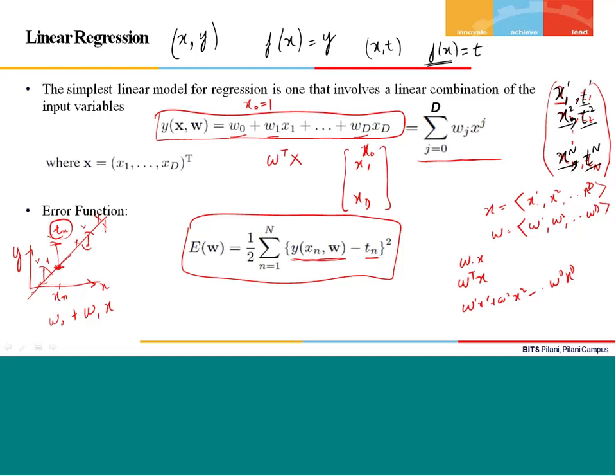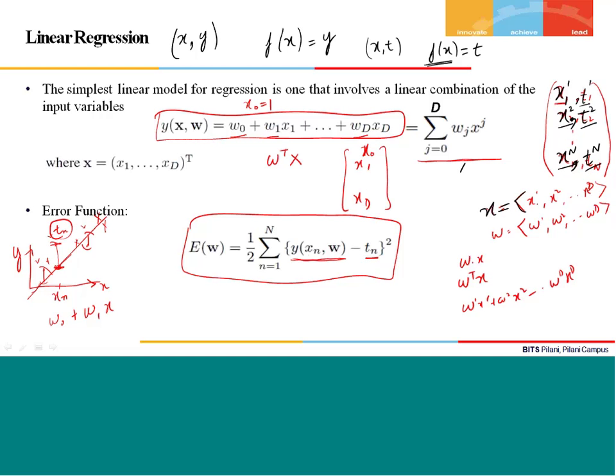So I hope that T is the target vector. The question is, if T is a vector, then what is X? The input is in the form of X comma T. When you write X separately in matrix notation, you will get a bigger matrix X. X could be a vector here.